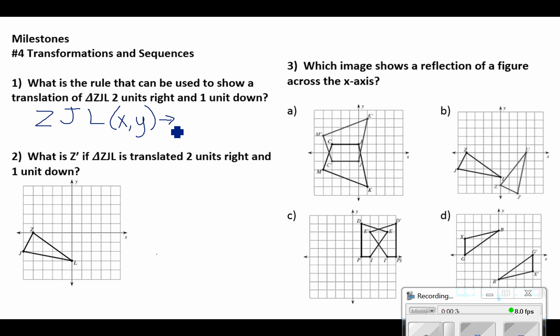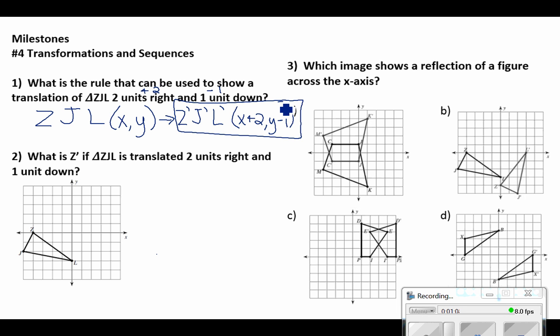So instead of ZJL, it's going to be Z prime, J prime, L prime, and to show the 2 units right, that would be plus 2, so X plus 2, and minus 1 for 1 unit down, and that's the Y. So Y minus 1. And that would be your full answer.